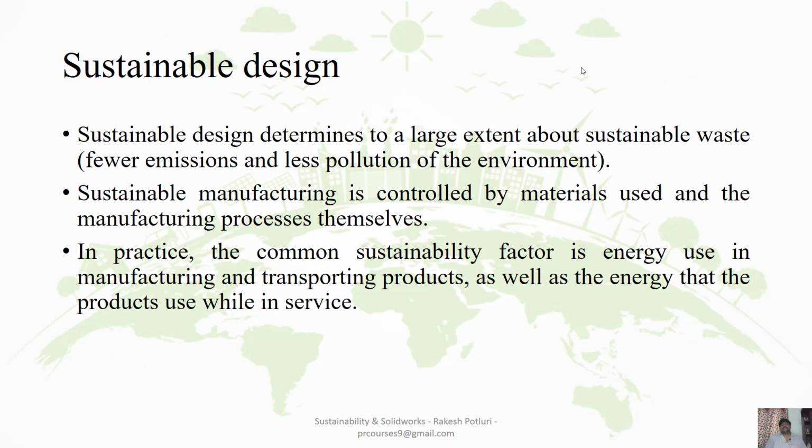While designing, if we take some considerations into account, we control everything during manufacturing and waste management as well. Sustainable manufacturing is majorly controlled by the materials we use in the design, as the materials dictate the manufacturing process in which they can be produced.